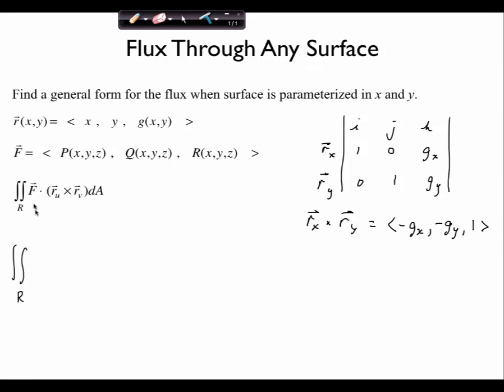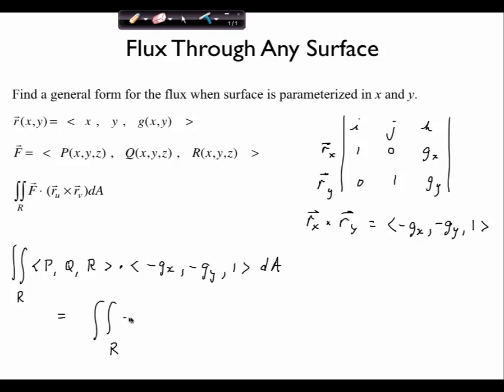So we can keep going over R. So what's F then? F is going to be my P, Q, R. Those are the components of the field. And then we're going to dot it with the cross product, and then dA, which is our dx dy. So doing the dot product, this is like a special case form.